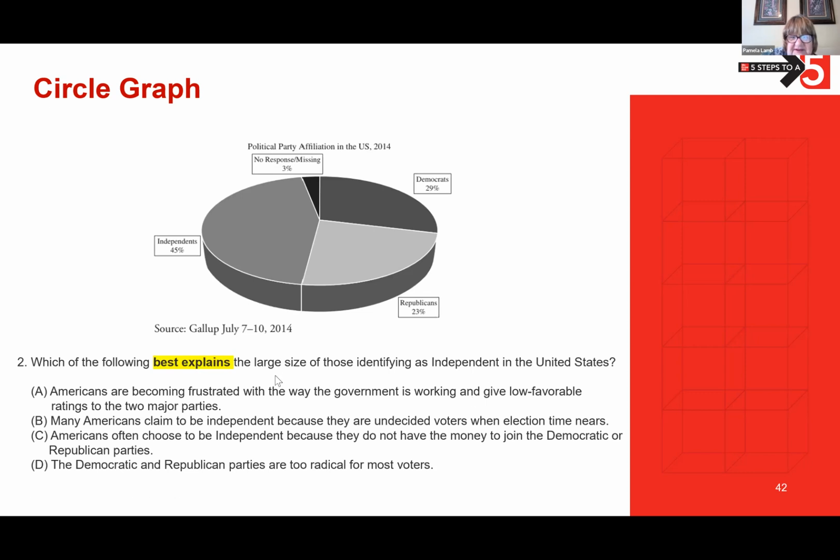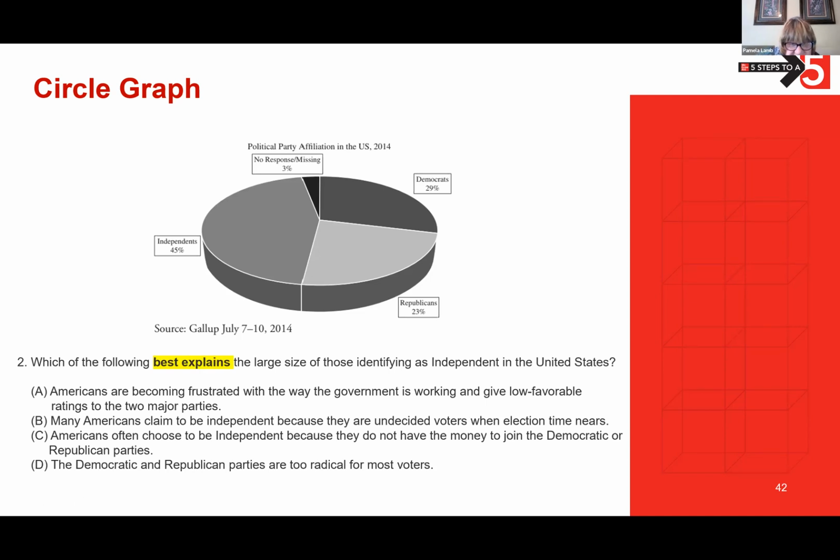Which of these best explains the large size of those identifying as independent? Why would someone want to identify as independent? Again, you're not going to get that information from the circle graph, but based upon what you have studied in your classes, which of these following explanations is best?